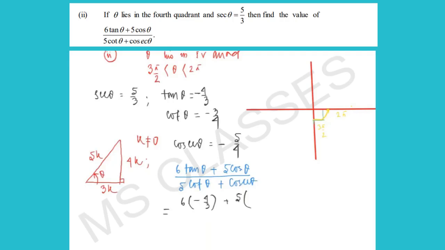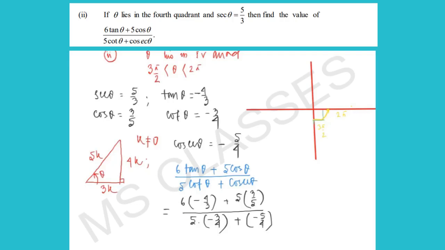What is cos theta in this case? Cos theta equal to 3 by 4, whole divided by 5 cot theta, minus 3 by 4, plus cosec theta, minus 5 by 4.